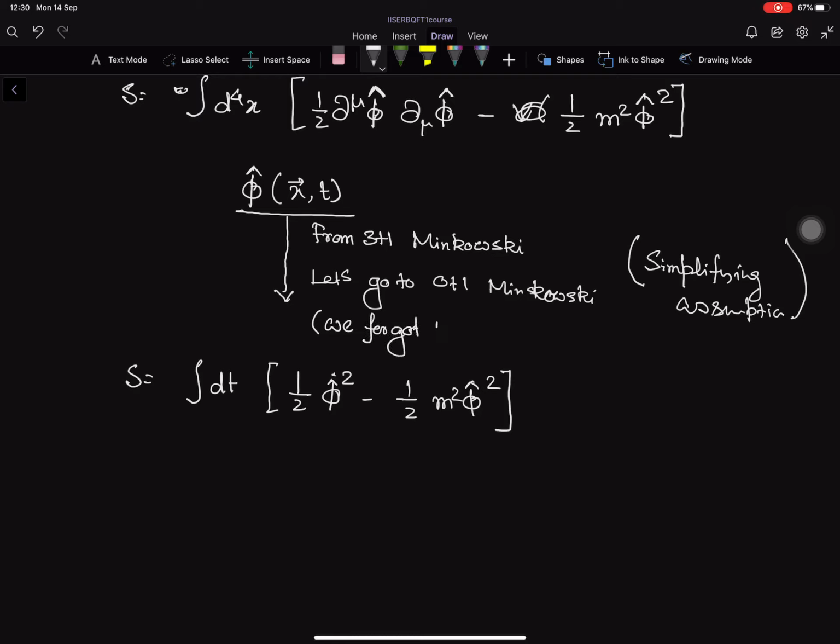We forgot the spatial directions. There is no rational, no physical reason for this. At this point, the justification is really that we want to simplify the system the most, so that we can study it, and then we will later come back to this. Good. So this is our system.